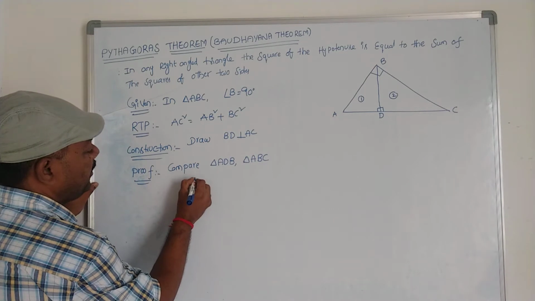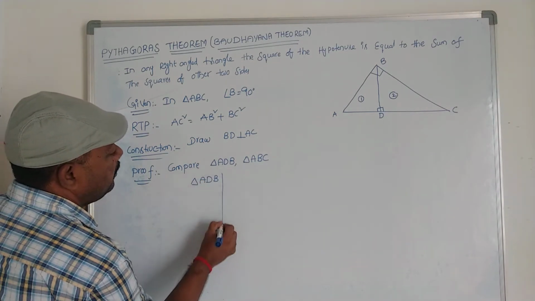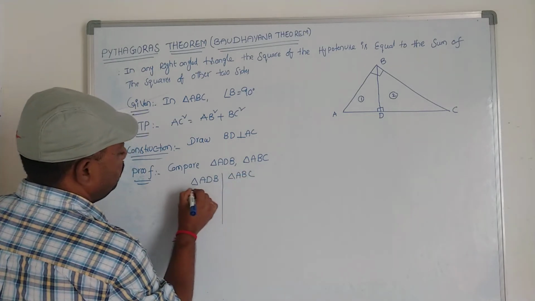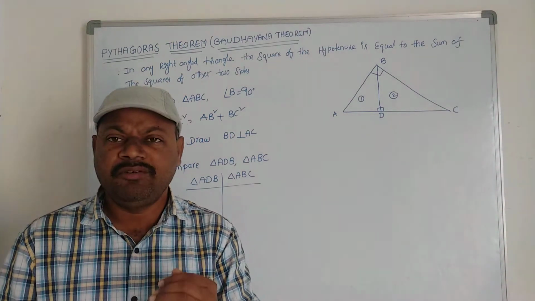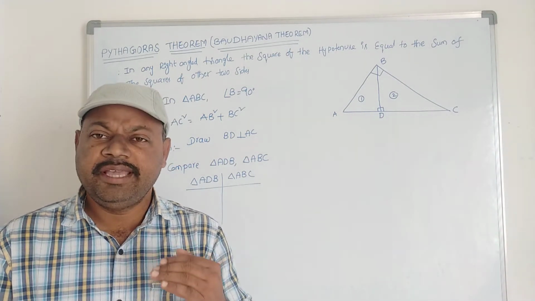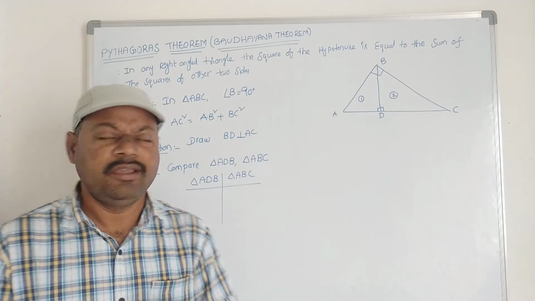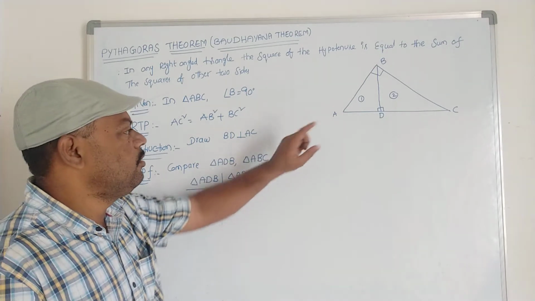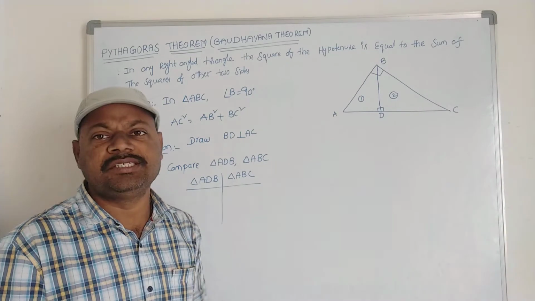So triangle ADB and triangle ABC. What values are equal? Either corresponding angles or the ratio of corresponding sides. In triangle ADB and triangle ABC, observe here, angle A is common to both triangles.